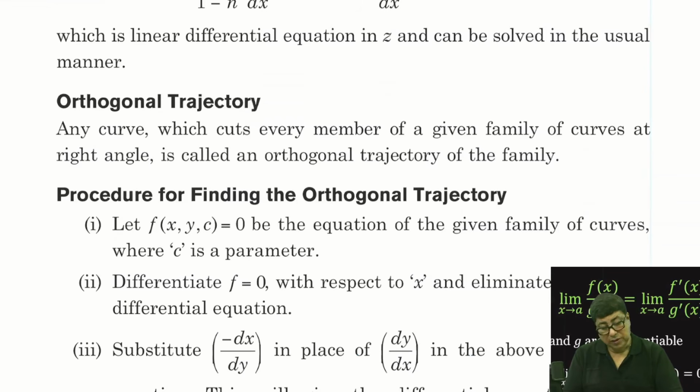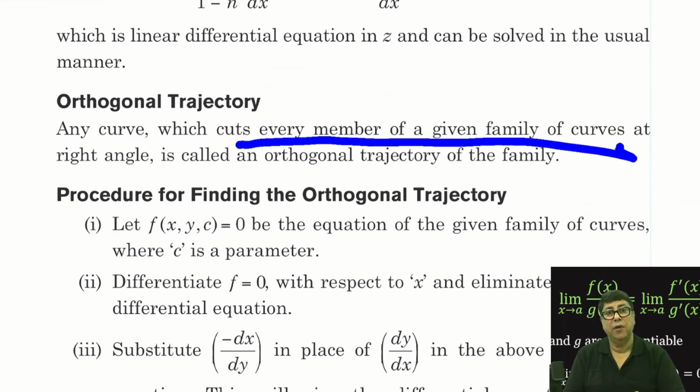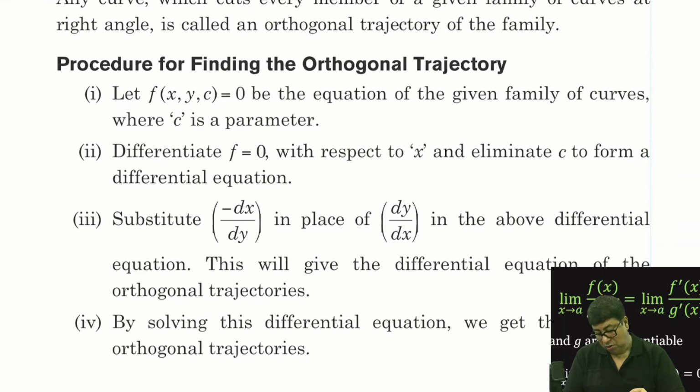What is the orthogonal trajectory? One more thing I forgot to tell you. What is the orthogonal trajectory? Orthogonal trajectory is any curve which cuts every member of the given family of curves at right angle. Okay, so what to do? For the curve, C is the parameter here. For the curve, differentiate with respect to x and eliminate the arbitrary constant.